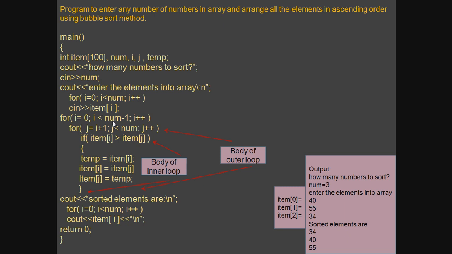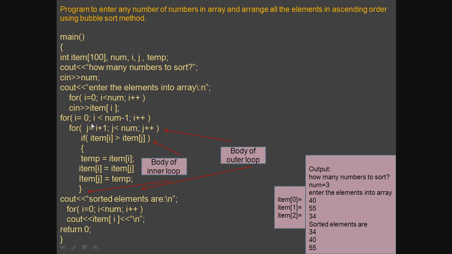As you keep on comparing the numbers in the inner for loop, you will have one less number to compare in every pass. That's why it is written here num minus 1, that is 3 minus 1, 2.